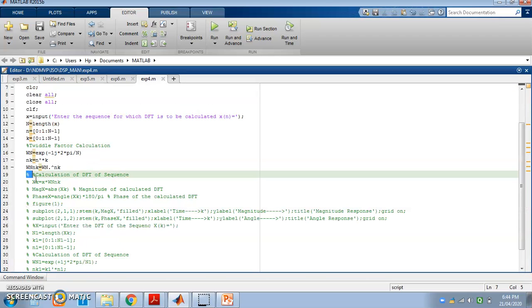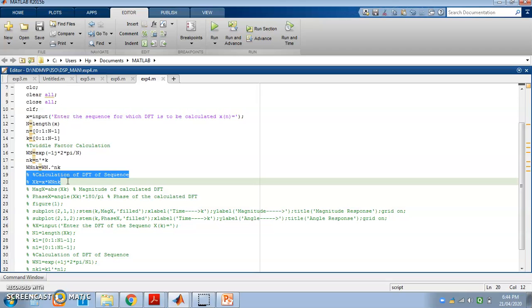This I have already explained to you, that is multiplication of x into W suffix N raised to nk, and the same command can also be replaced if a 1x4 matrix is getting multiplied with a 4x4 matrix. So here one can have the logic, that is x into W suffix N raised to nk.